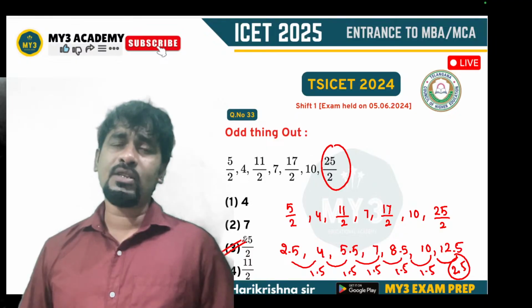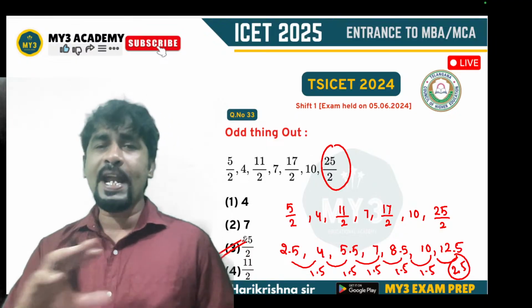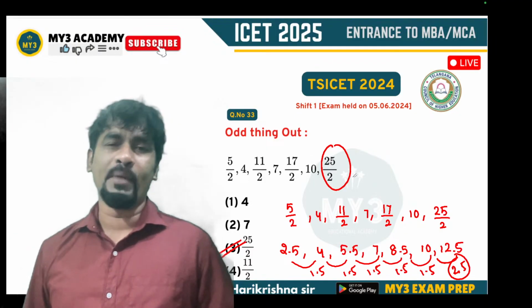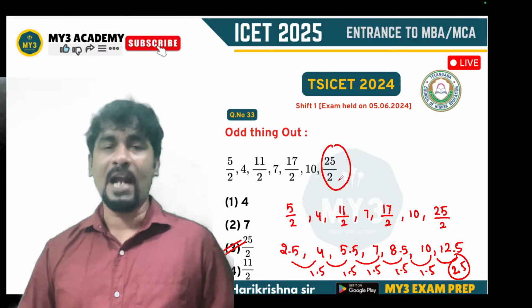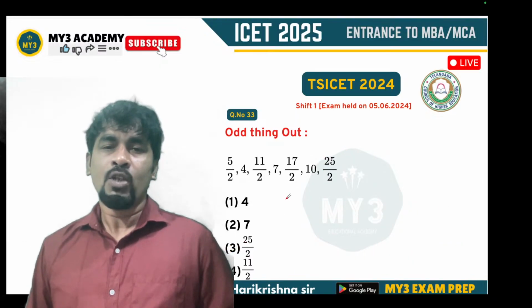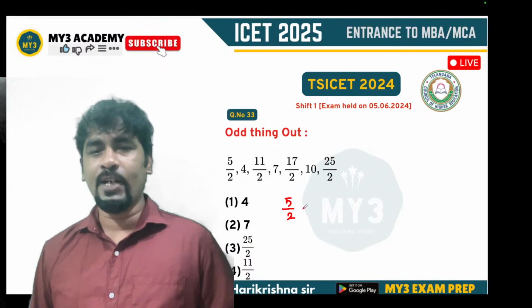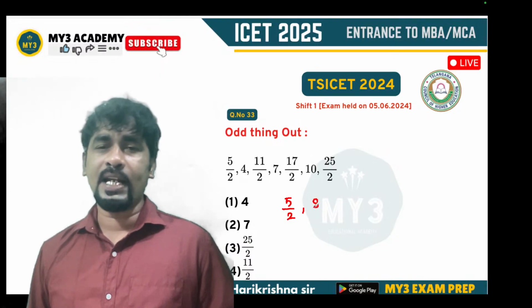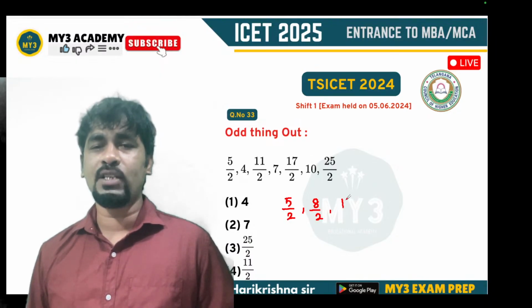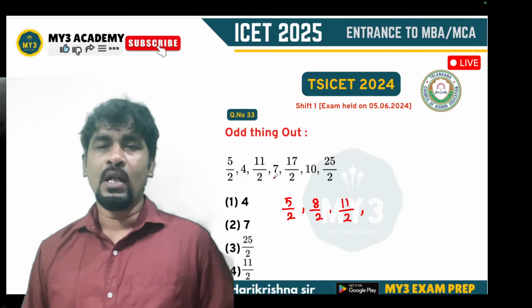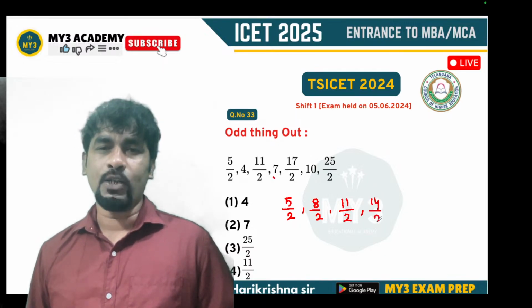And another thing is, if you take everything in the same denominator, then also you can see the pattern. So let's look at the other way. So if it is 5 by 2, let me write 5 by 2, and 4 I am writing as 8 by 2, so that there is no change. Next 11 by 2. 7 I am writing as 14 by 2.